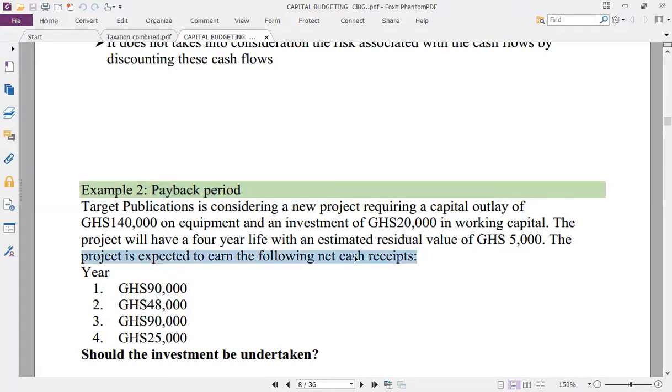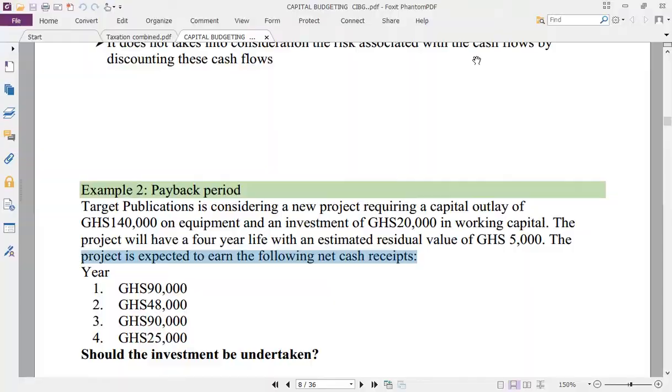The examiner has given us cash receipts. But for accounting rate of return we're interested in profit, not cash. So they're giving me cash, and I have to maneuver my way to convert this cash into profit. How do you do that? You have to subtract the non-cash item, which is the depreciation and co. So we just have to calculate depreciation.